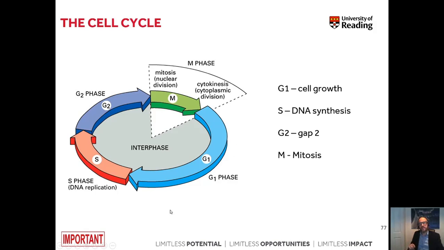However, the cell cycle, which is in human cells usually around about 24 hours long, also includes other phases, including the G1 phase, also referred to as gap 1 phase, the S phase, where DNA synthesis takes place, and G2 phase, or gap 2 phase as well.